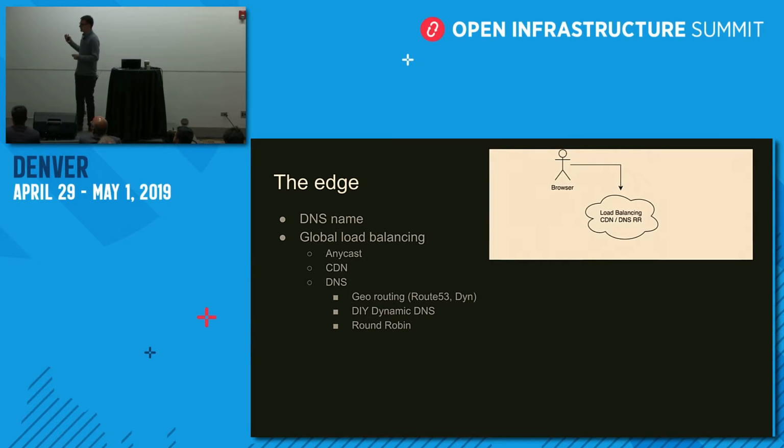You could do something with some custom scripts that handle dynamic DNS updates based on whatever business logic or metrics you have. Or a very simple option is to do just DNS round robin between a list of cloud providers.